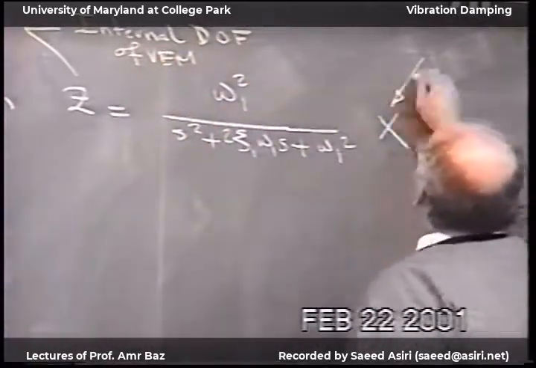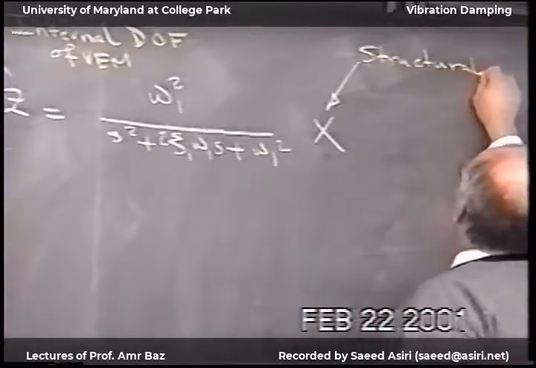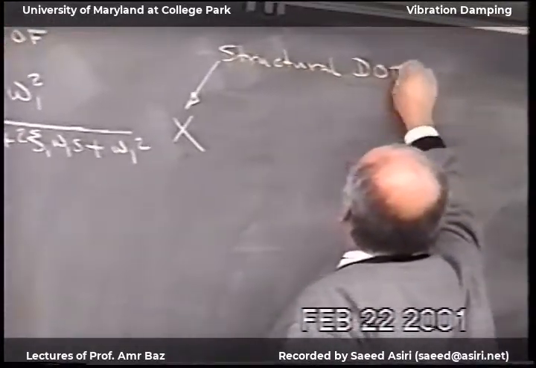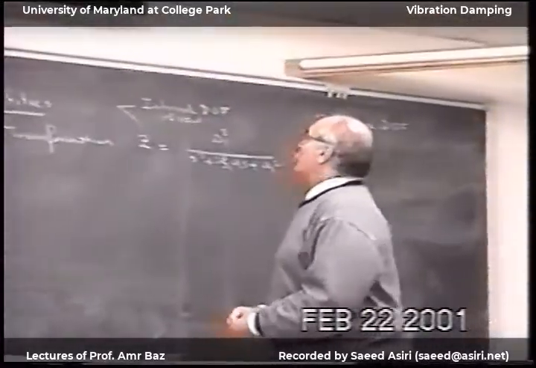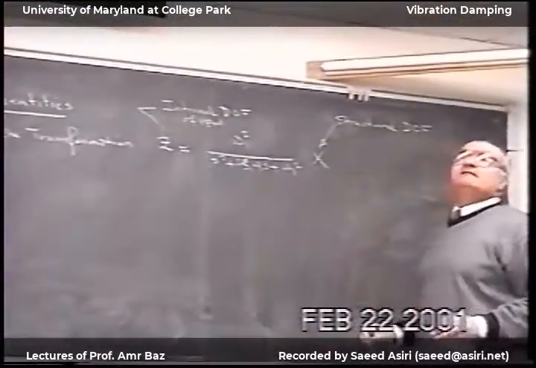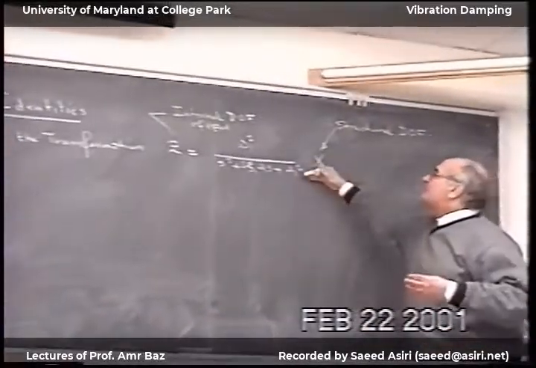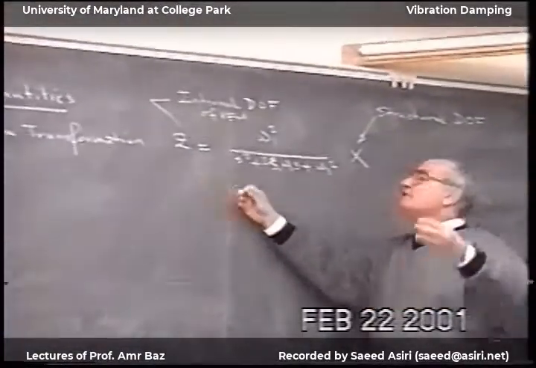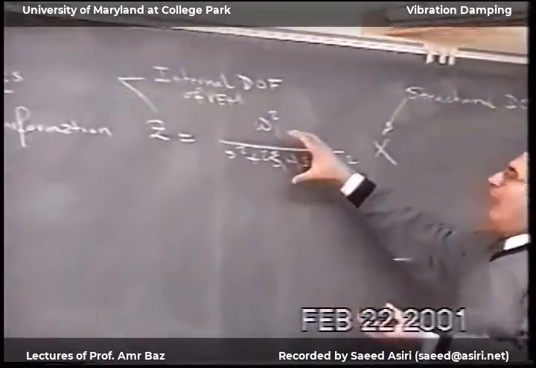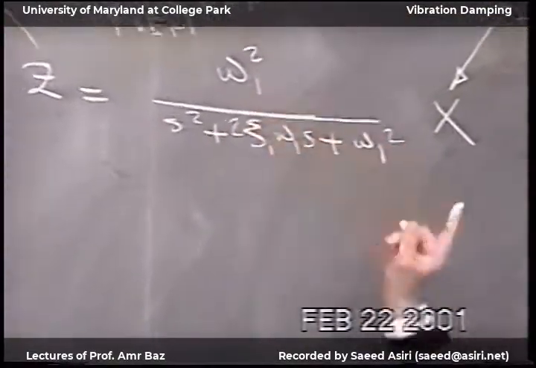And then this is the structural degrees of freedom. This is what we did when we started looking at the GHM model, and we described this equation along with the structure equation, and from it we extracted the physical meaning of any of these parameters.